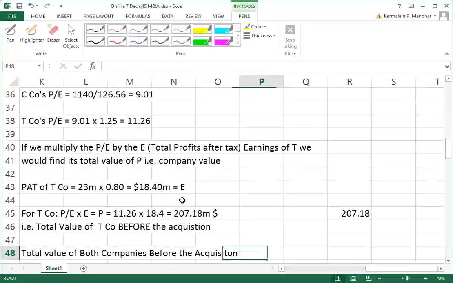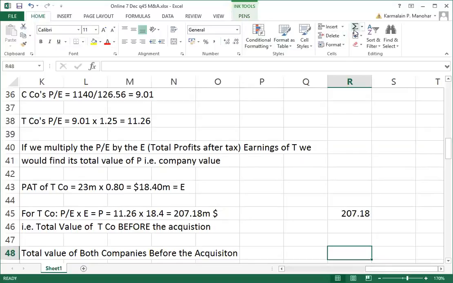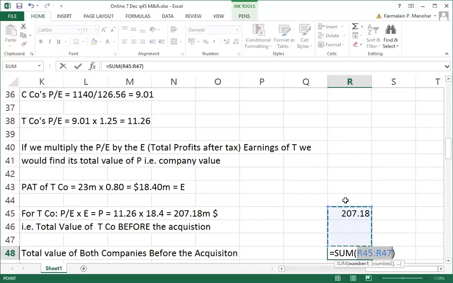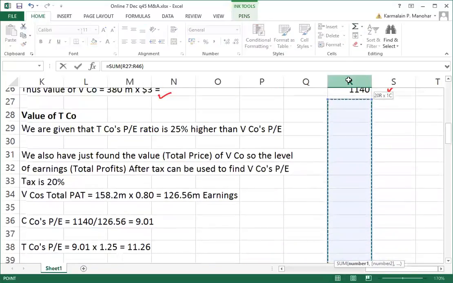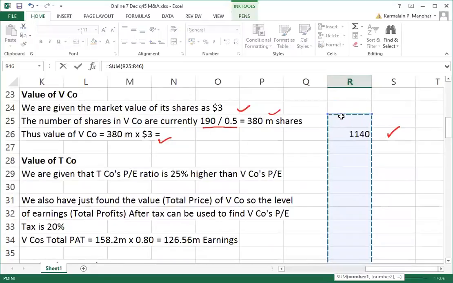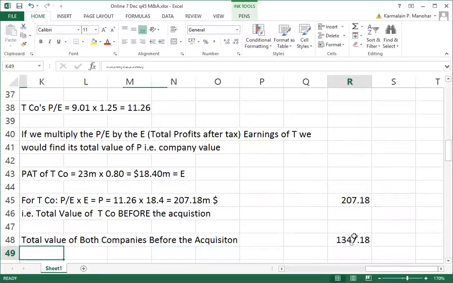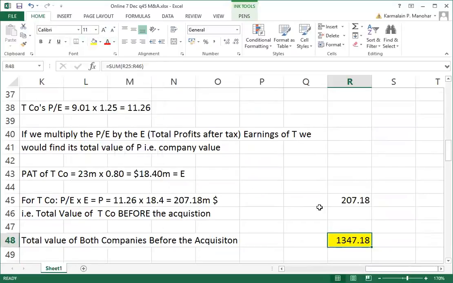Add that up, somebody. 1347.18. Good. So summing the values, putting that in a little total sign. Of course, that's a value in dollars, millions.